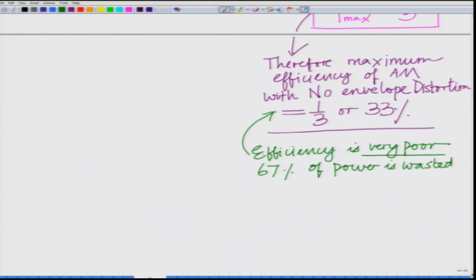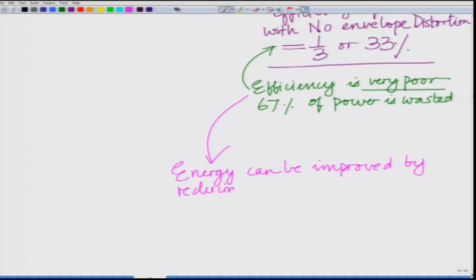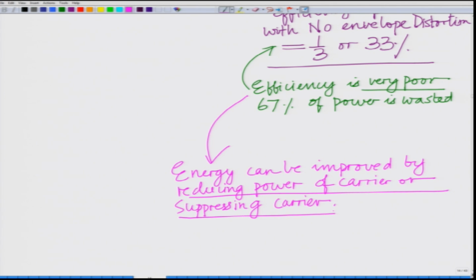Therefore, efficiency can be improved by reducing the power of the carrier or suppressing the power of the carrier.